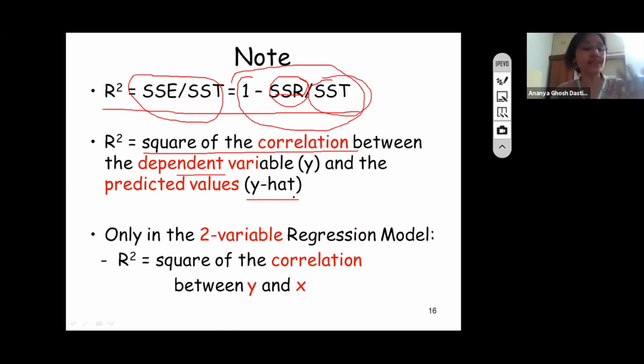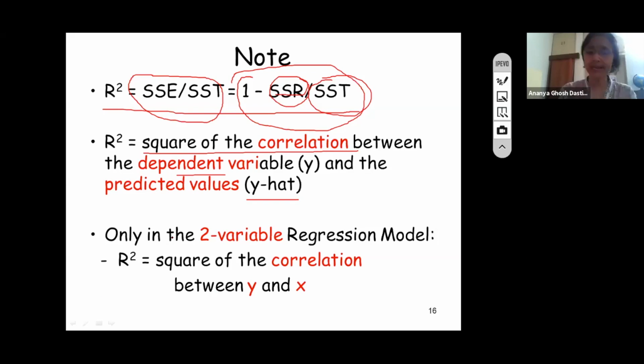I have done this in the Excel file, and I'll show it to you in a bit. So you have y hat. Take the correlation, square it, and you will get R squared. This is true in every case, whether it's a two variable model or a multiple regression model, always.